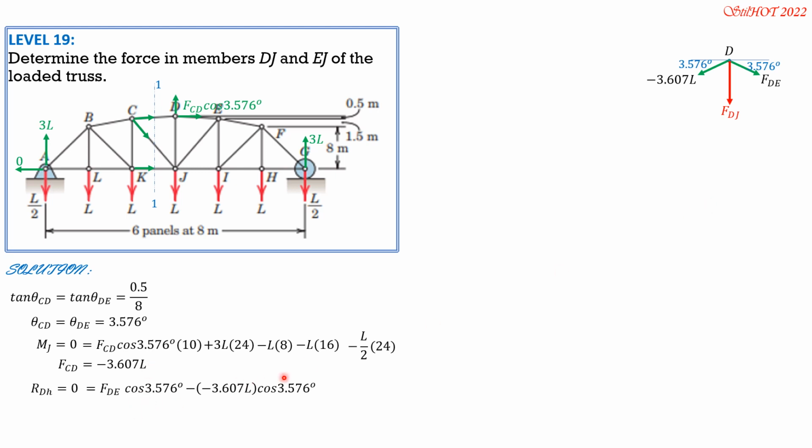So cancel cosine 3.576, then FDE is also negative 3.607 L as mentioned earlier.